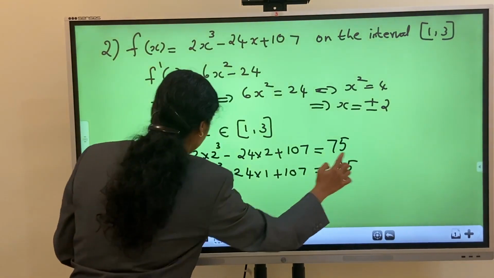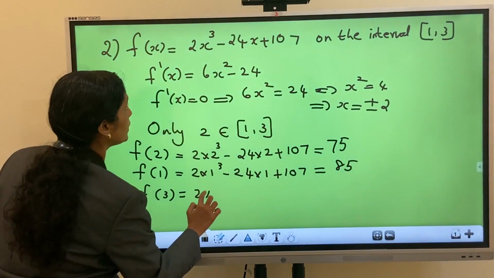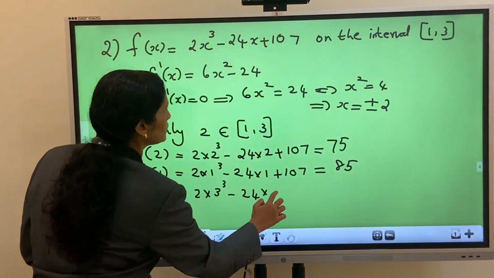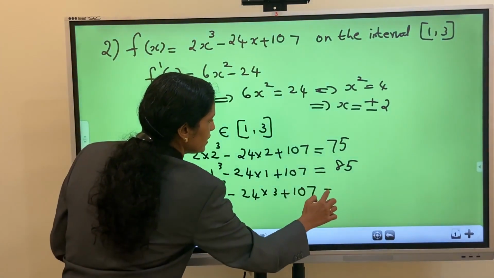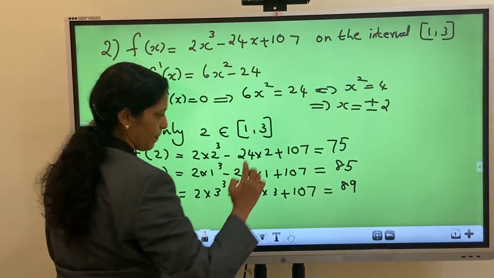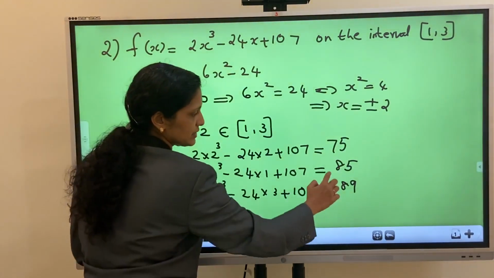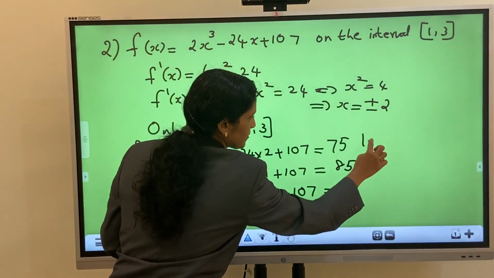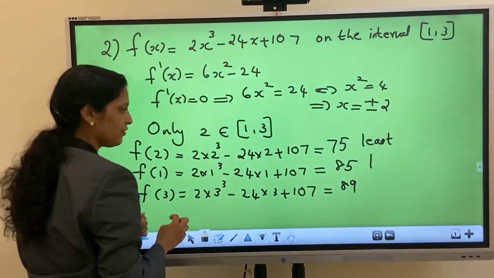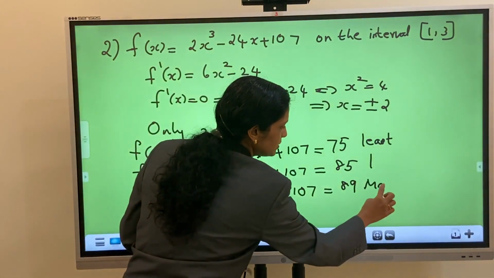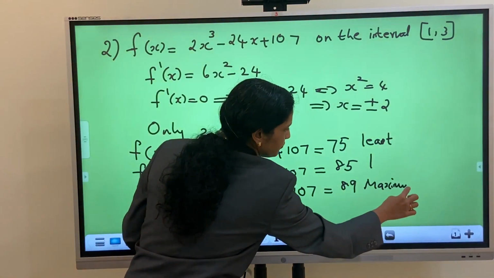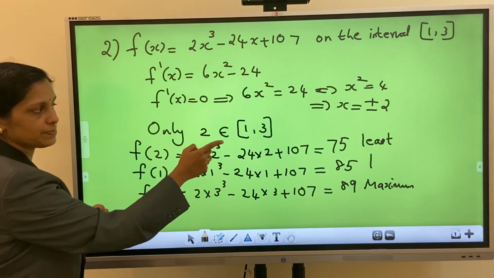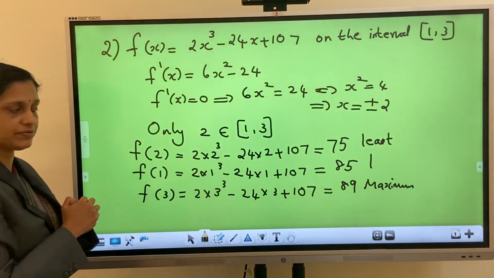Value is 85. F of 3 is 2 into 3 cube minus 24 into 3 plus 107. It is equal to 89. Therefore, from this, it is clear that the least value is at 2, that is 75, and 89 is the maximum value. Therefore, absolute maximum is 89 at 3 and absolute minimum is 75 at 2.